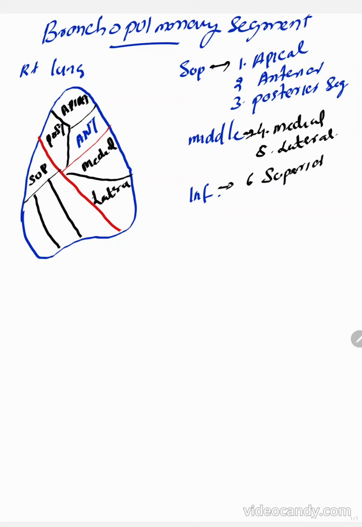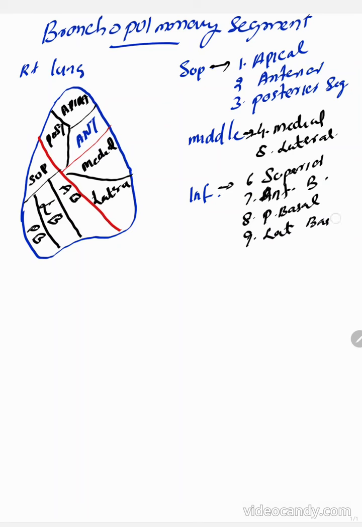Then we have the anterior basal, posterior basal, lateral basal. 7 is anterior basal, 8th one is posterior basal, 9th one is lateral basal.